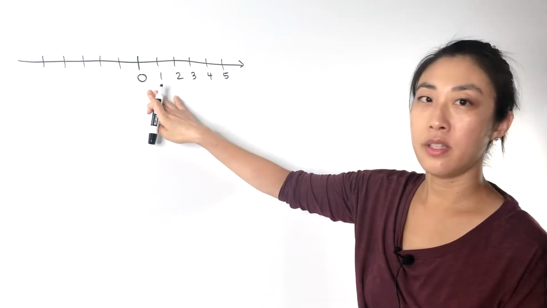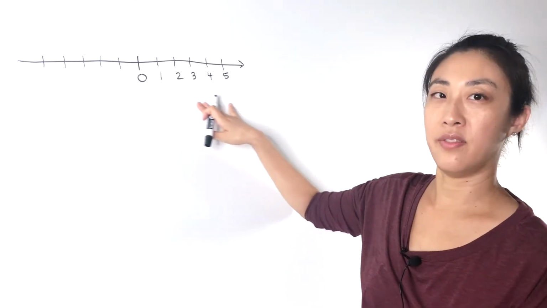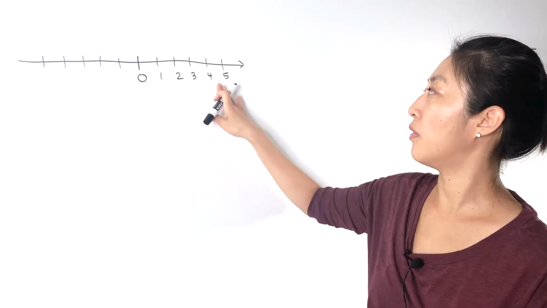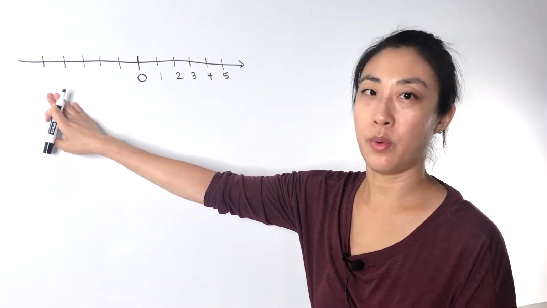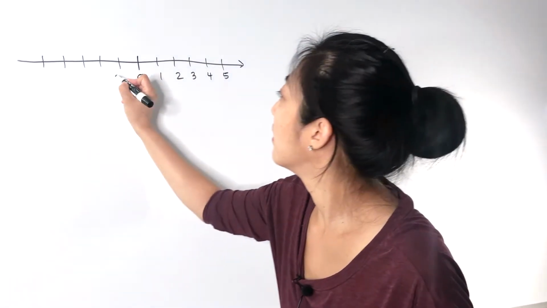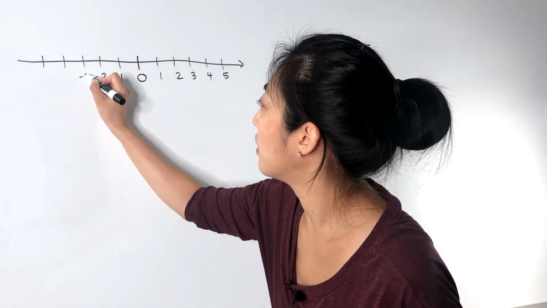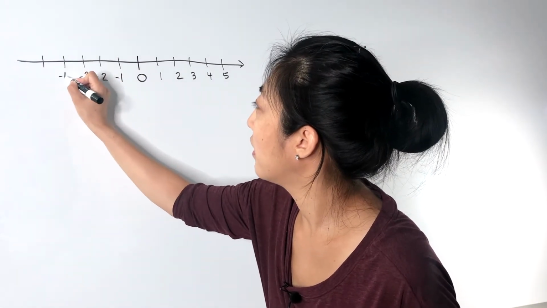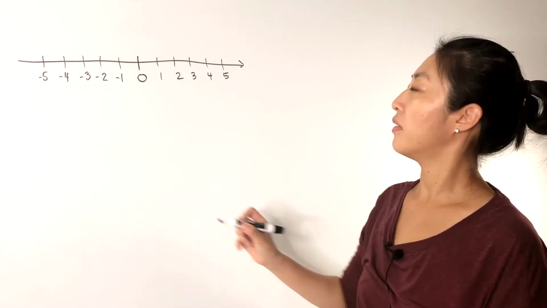If you notice, to the right of 0, that's where my positive numbers are. 1, 2, 3, 4, 5. And then to the left of 0 are where my negative numbers lie. So -1, -2, -3, -4, and -5.